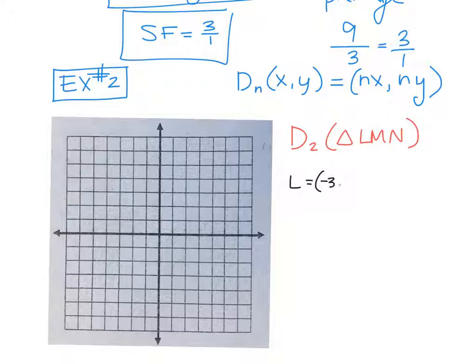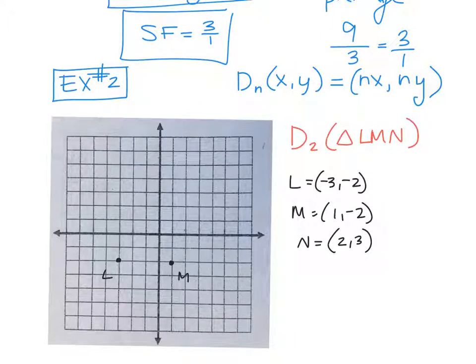So L is the point -3, -2. M is the point 1, -2. And N is the point 2, 3. Okay, so let's plot those. -3, -2. 1, -2, and 2, 3.